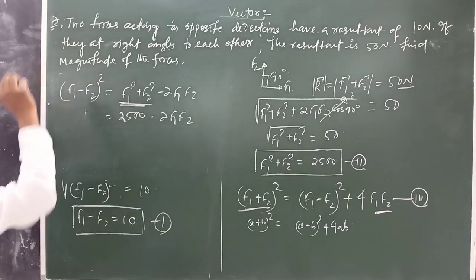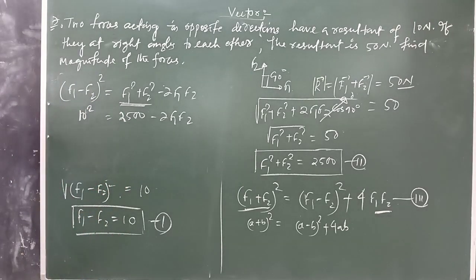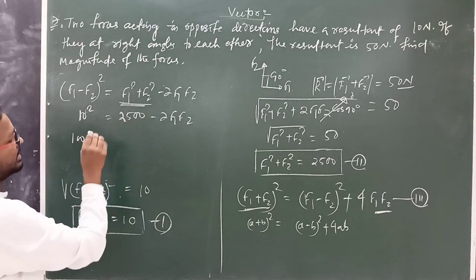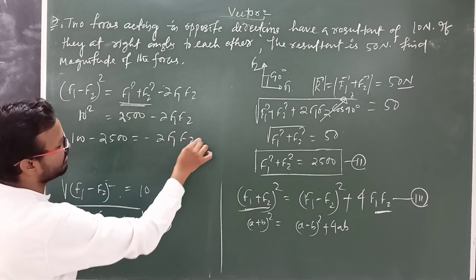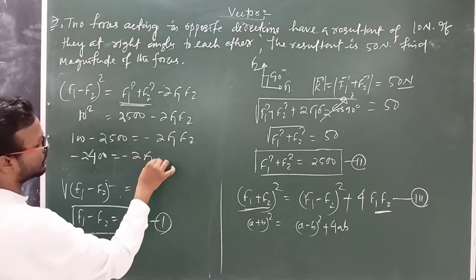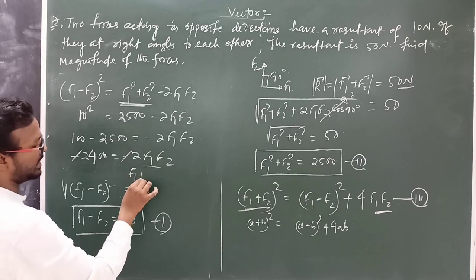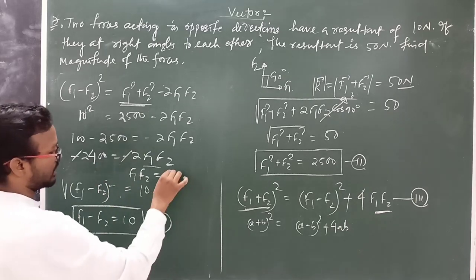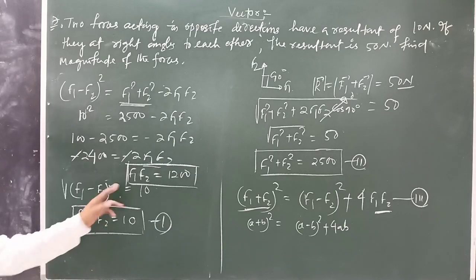And F1 minus F2 whole square means 10 square, so 100 equals 2500 minus 2 F1 F2, so minus 2400 equals minus 2 F1 F2, minus minus cancel. So F1 F2 equals 2400 divided by 2, which equals 1200. Clear? So we got the value of F1 F2.